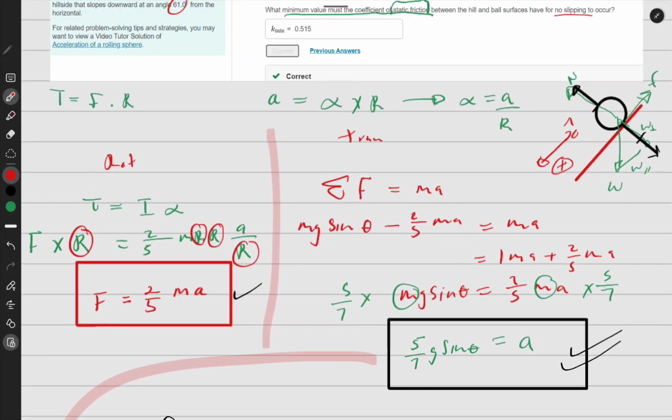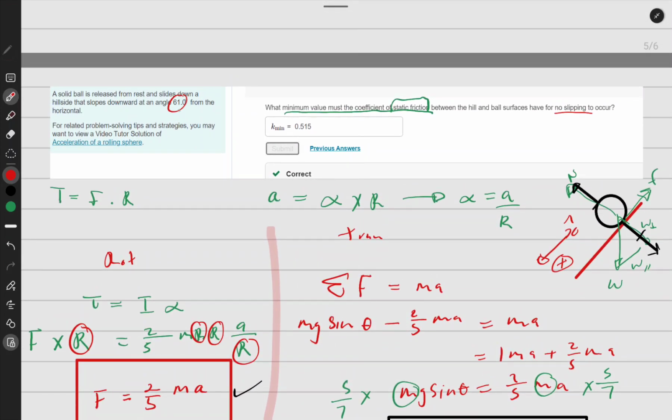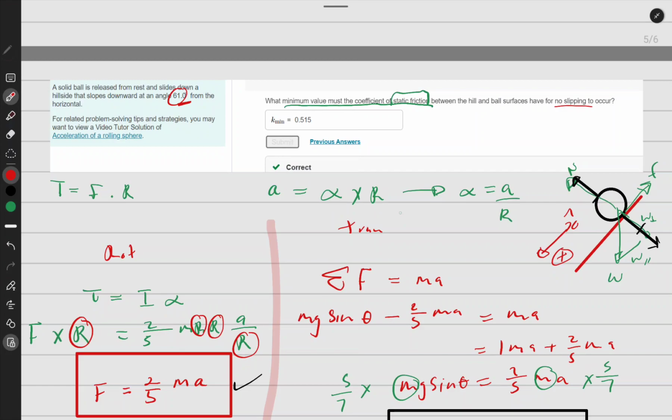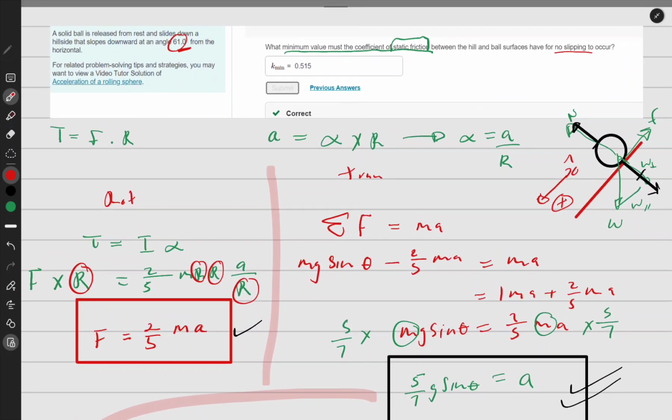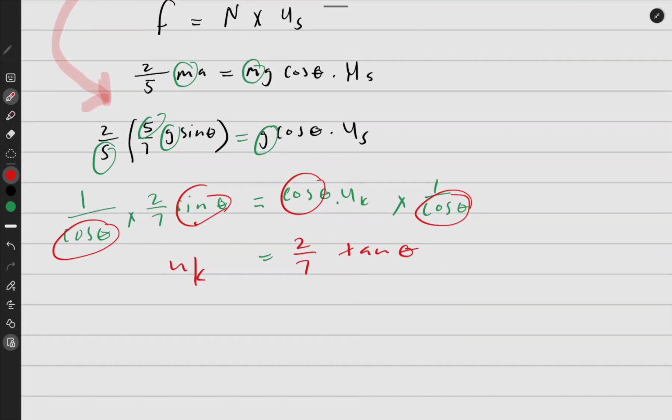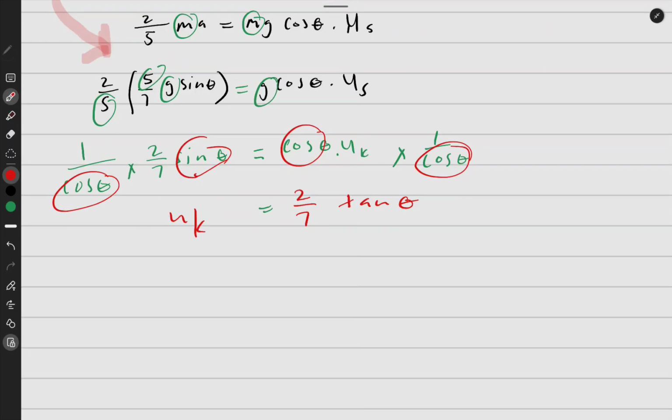Remember, they gave us an angle. Go back to the question. They gave us this angle, so we are just going to come back here and plug the angle. And if I pressed my calculator well, you will confirm with me in the comment section. I made a mistake again.